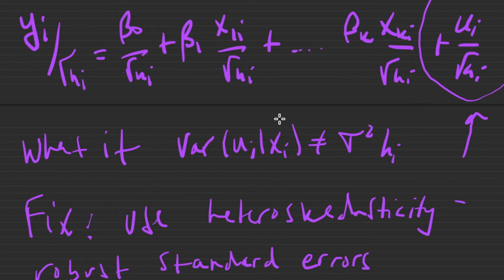So we may be improving the efficiency of the estimates a little bit by using WLS. It's possible. Again, it's hard to rank OLS and WLS if we get the functional form wrong. And it's hard to know, so we should also use heteroscedasticity robust standard errors to buy down that risk.